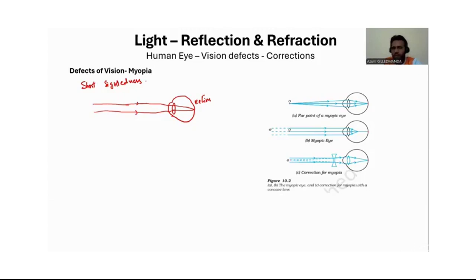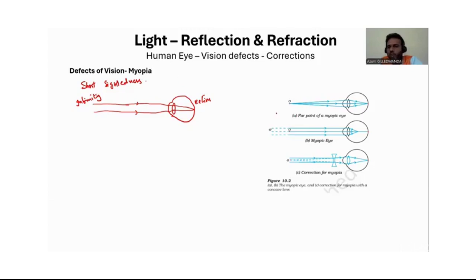Here, in a normal eye, I can see from infinity. As the object is closer, we can see it bigger in size than its actual size, or a magnified or diminished image. Now, what happens if we have myopia?